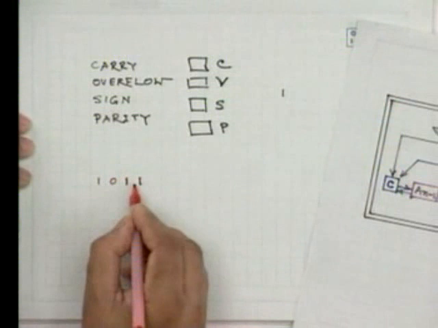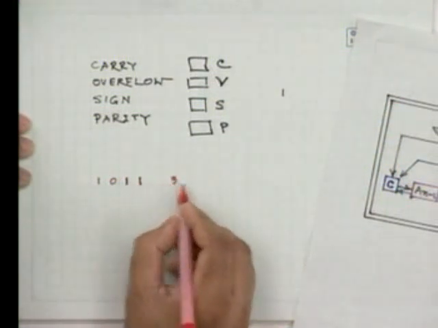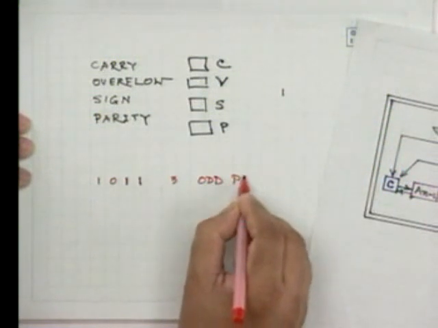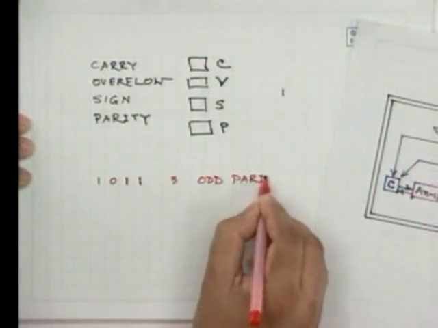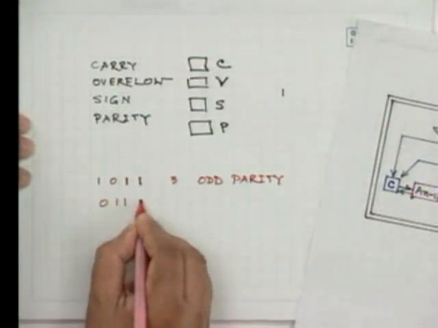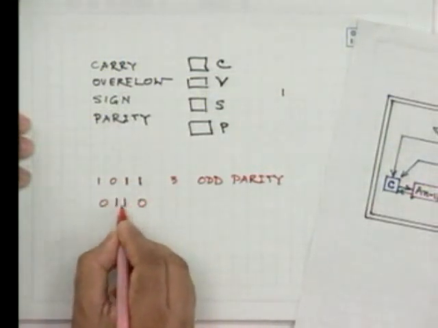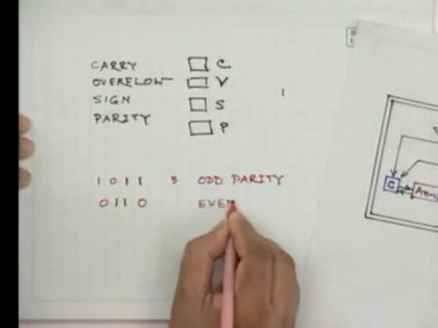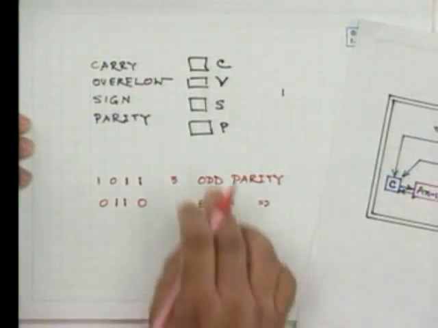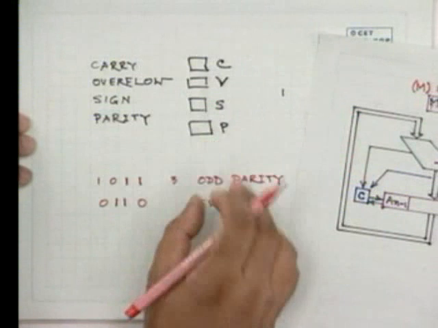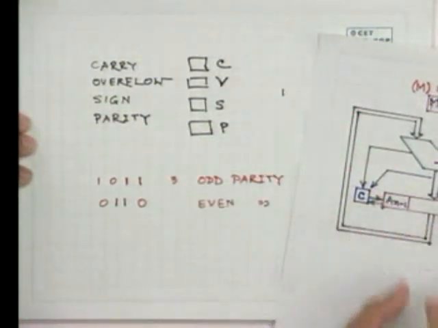Here the number of 1s is 3, which is odd, then we say this is of odd parity. If the number is 0, 1, 1, 0, the number of ones is even, then we call it even parity. Therefore, the parity bit tells us what kind of parity the number consists of.